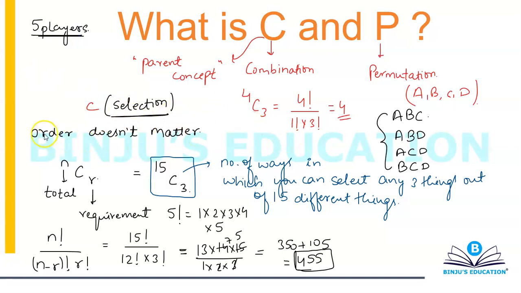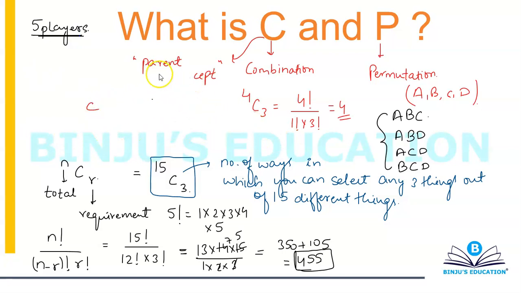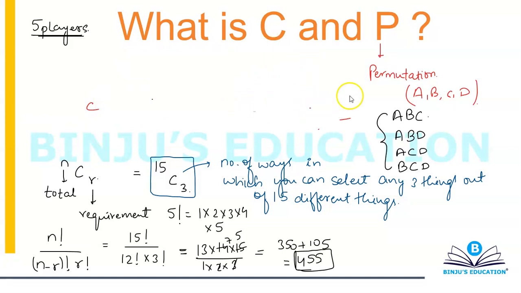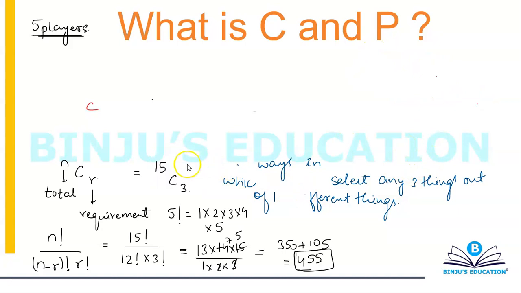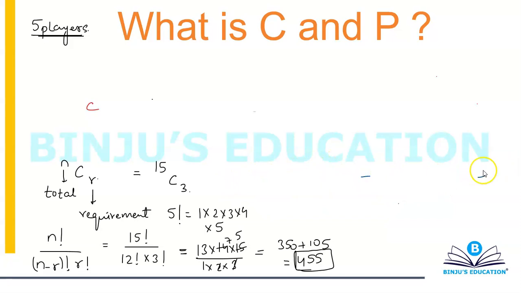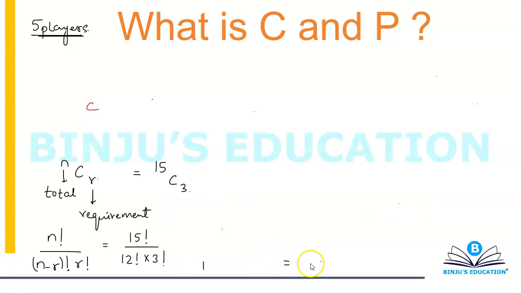So let's move on to the next thing, that is permutation. So next is P, that stands for permutation.